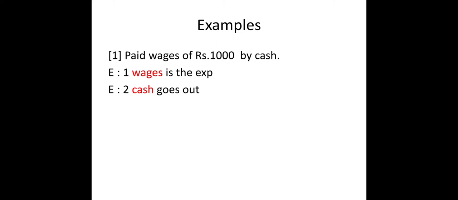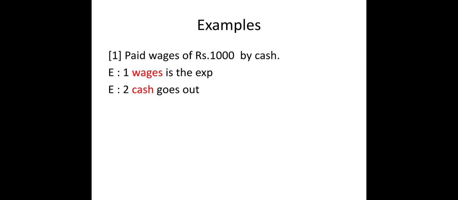But now we have to add one more thing into this. Earlier, what was there, students? We used to write only the effect, that wages is the expense, or cash goes out. But now you have to tell the name of account.